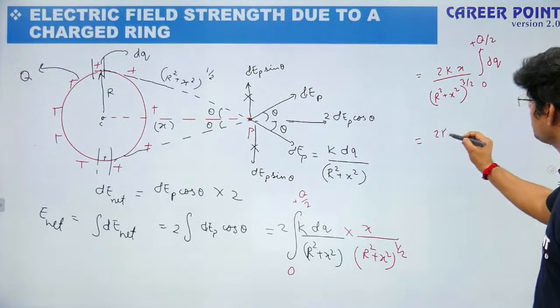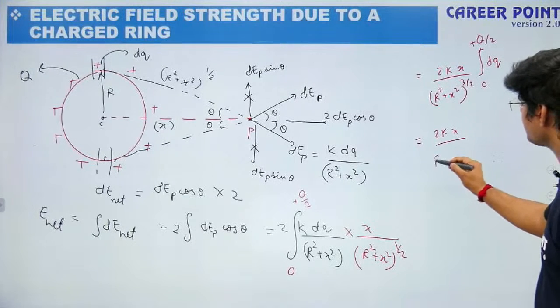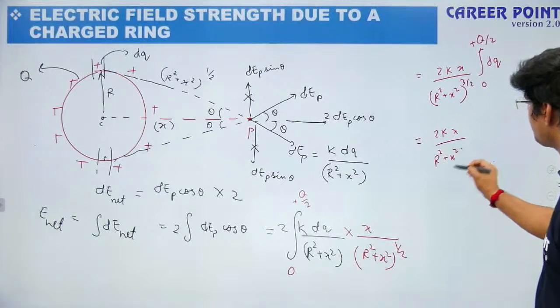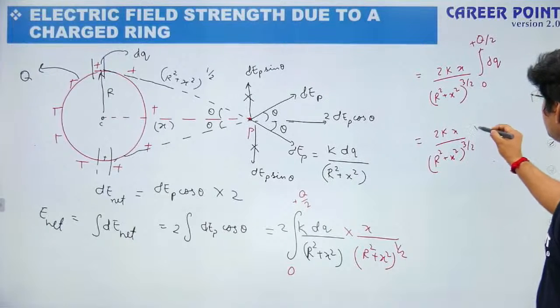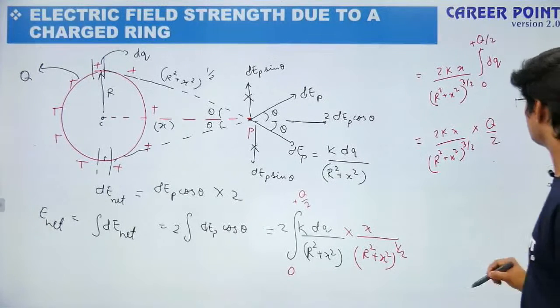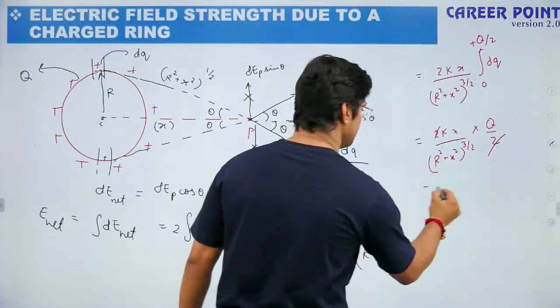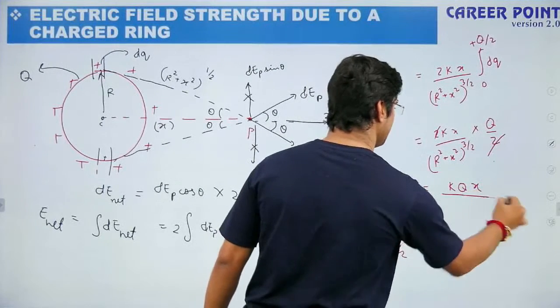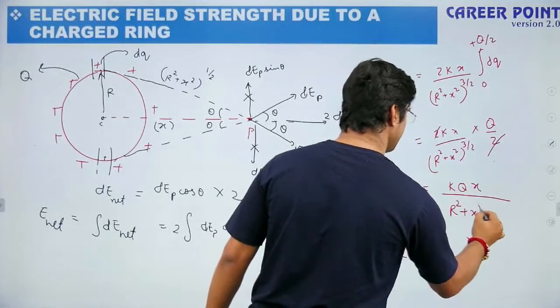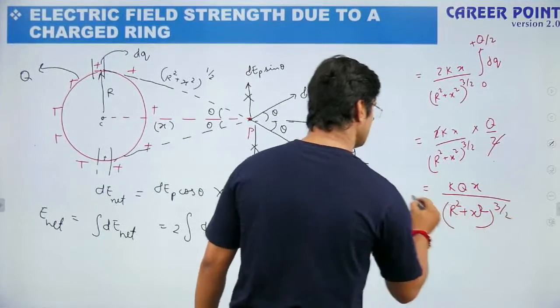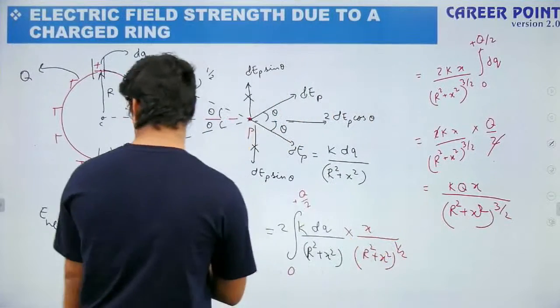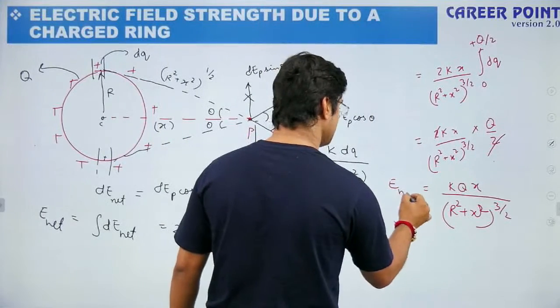So from here we are getting 2kx divided by (r square plus x square) raised to power 3 by 2 into capital Q by 2. So the 2 and 2 we can cancel, and this will give us kqx divided by (r square plus x square) raised to power 3 by 2. So this will be the value of the net electric field due to the ring.